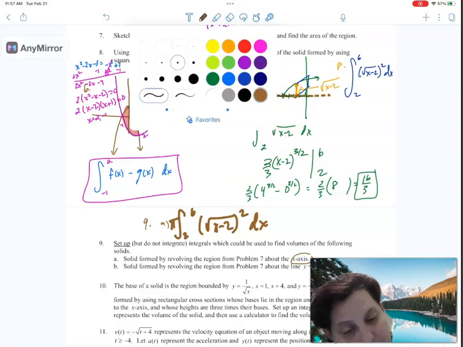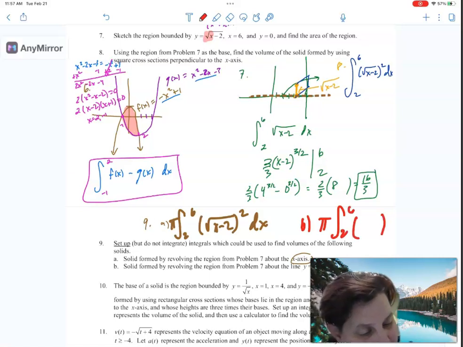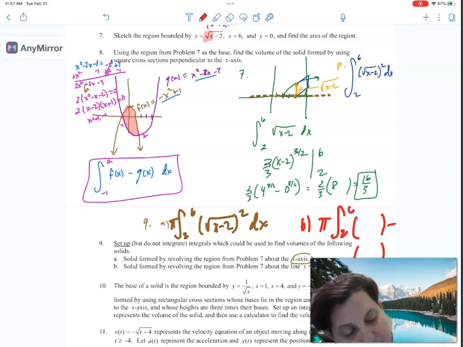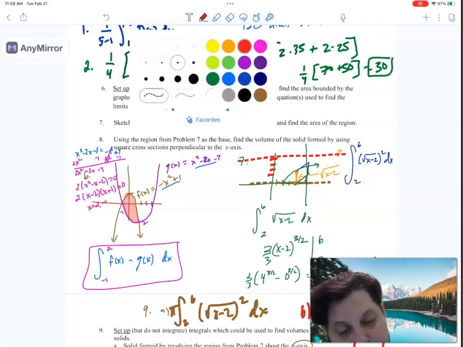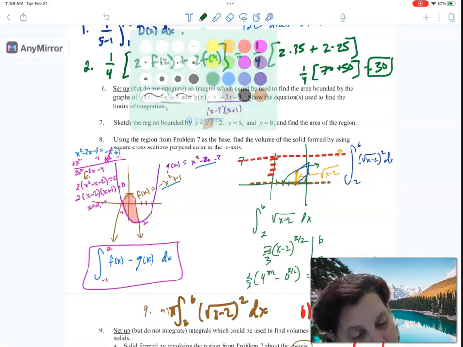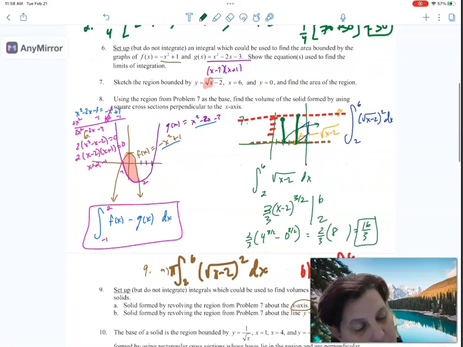All right, and then 9 part B is going to be pi from 2 to 6, and it's going to be outer radius squared minus inner radius squared. And I'm revolving it around the line y equals 4. Now, if you guys look at this, my outer radius from there to there is just 4.